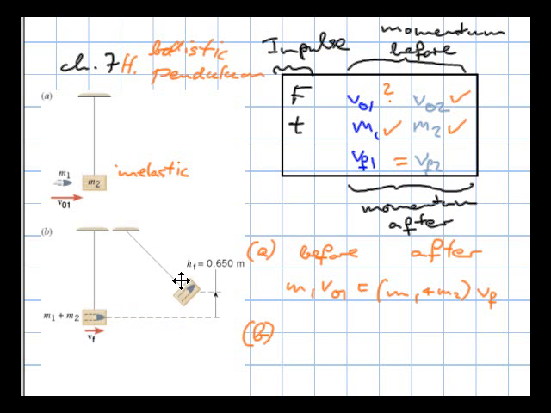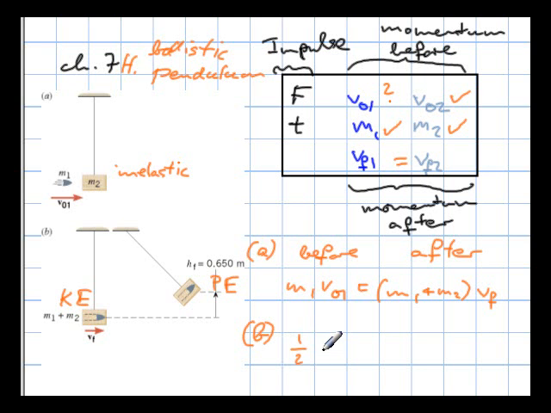Again, we don't know that, but let's see. So I'm going to write here that yes, there's kinetic energy, and this one here is potential energy. Actually, I take that back. We do know the potential energy because we know what the height is and we know what the mass is of the two.